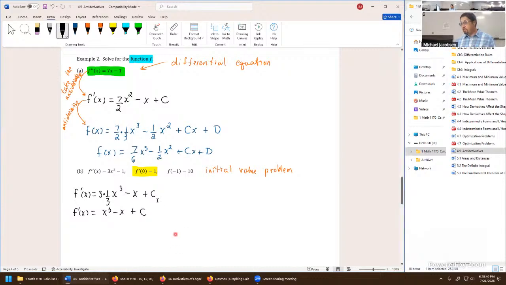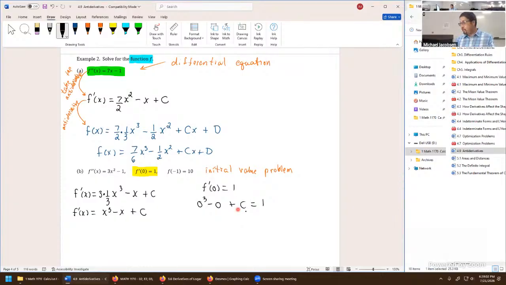Now let's use this information, the initial value, f prime at 0 equals 1. Well, we have f prime at any x. Throw in 0, and that would mean on the left-hand side, 0 cubed minus 0 plus the constant c is 1. And that's kind of a nicer equation.